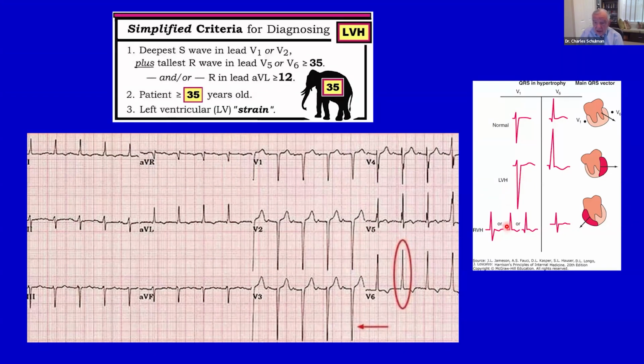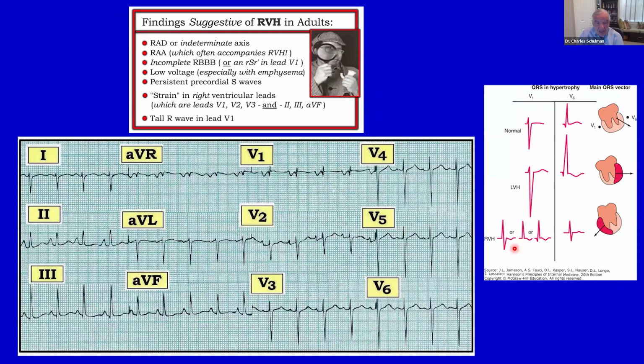Here's RVH, right ventricular hypertrophy, with a lot of voltage traveling toward the right. These appearances often are in congenital heart disease when they appear in lead V1. You don't usually see anything quite that striking. As a matter of fact, here's a patient with COPD, and you don't see that large R wave. But what you do see is that R is greater than S in V1.